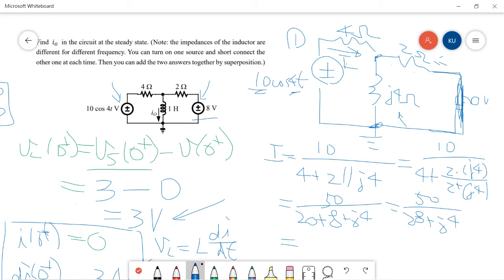And then finally it will become 25 over 14.14 exponential to j times 0.142. So this is in radian.